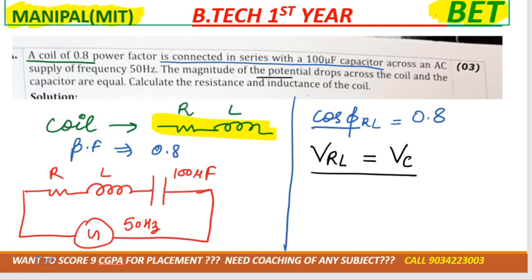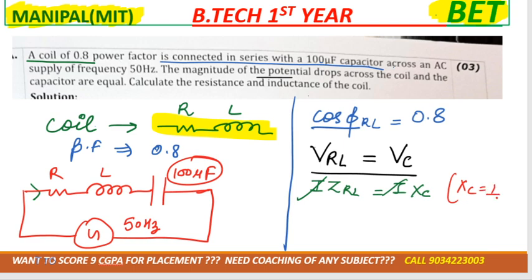You need to calculate R and L. As you know, we can write it like this: I into ZRL is equal to I into XC, right? It's in series, so the current would be the same and can be cancelled out, and if you know the C value, you can get the XC value as well, right? Yes or no? XC is equal to 1 by 2 pi FC.